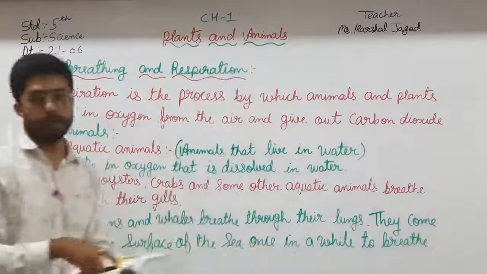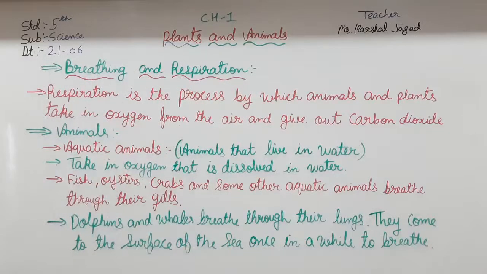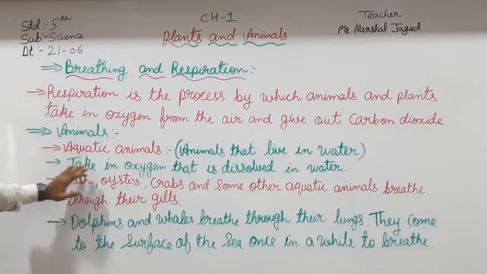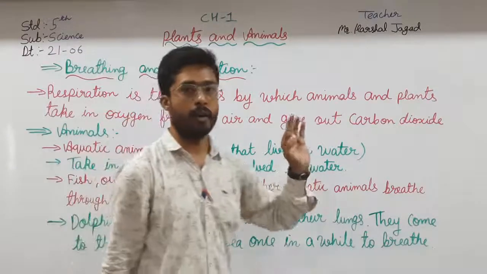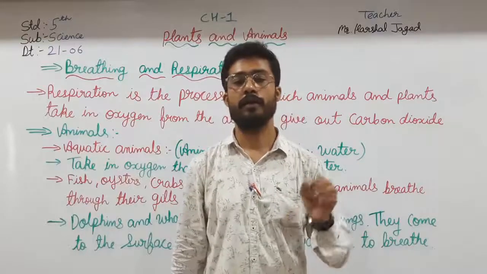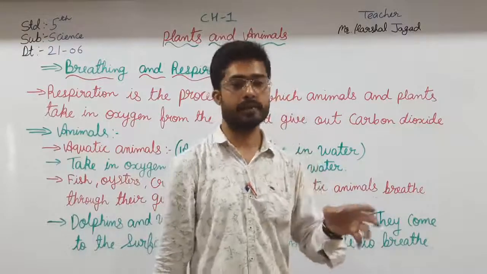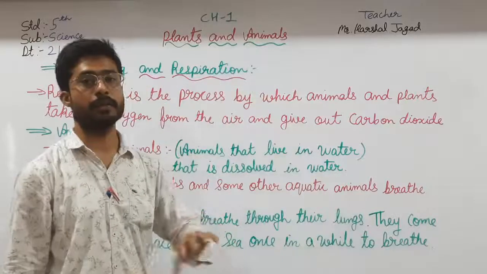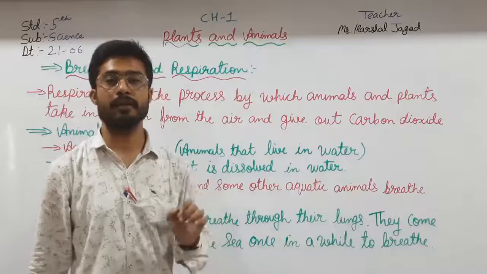Here, how do aquatic animals breathe? They take in the oxygen which is dissolved in water with the help of gills. But there are other animals which breathe through their lungs in the water.